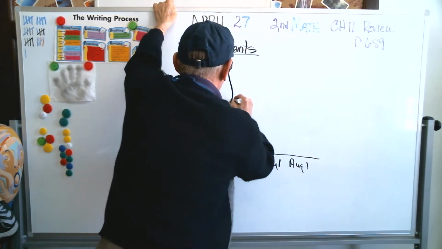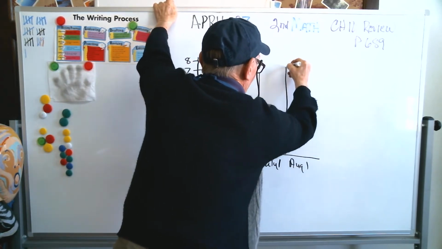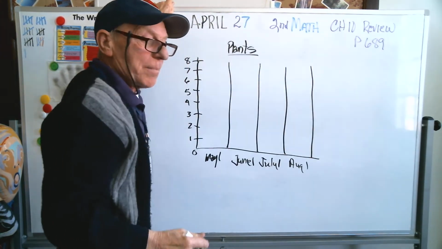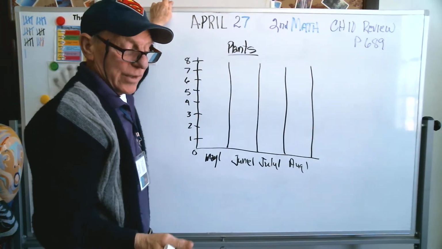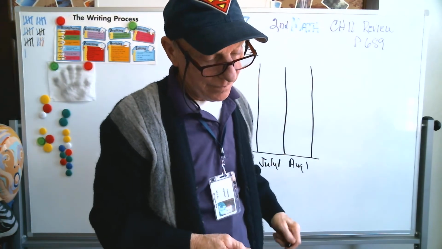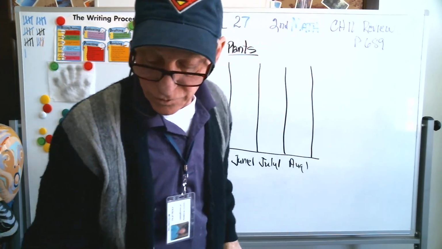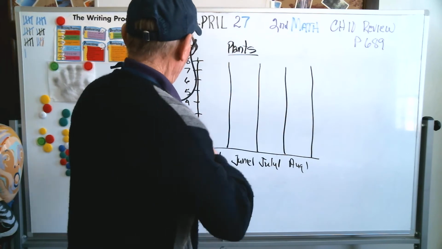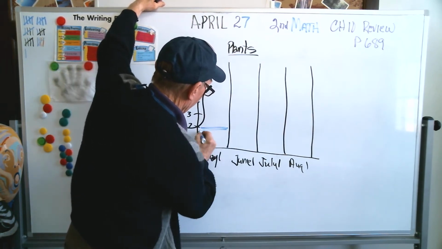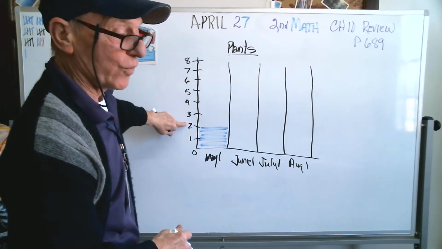So, looking at the division between those, it is asking us to build a bar graph. So we look at our data. May 1st, there were 2 leaves. So on May 1st, we come up to 2.